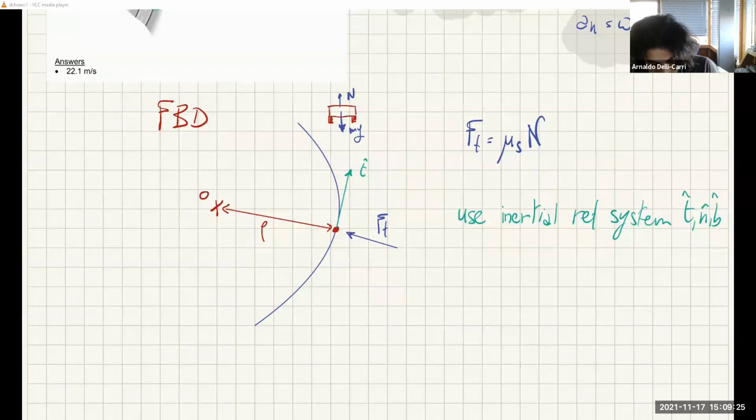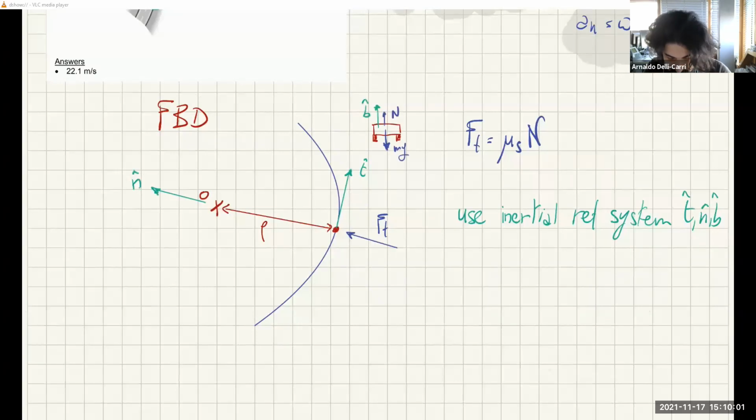The N axis is always perpendicular to T, and it's going towards the center of curvature. And finally, B, in this case, is binormal and is going outside. So B is in this direction, going outside of the plane in this case.